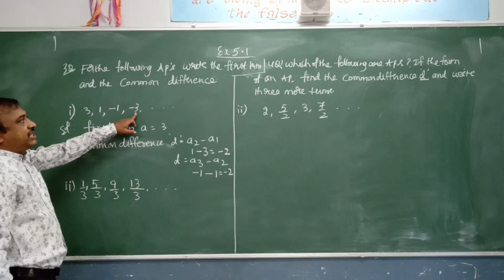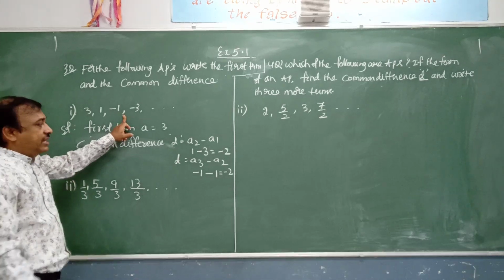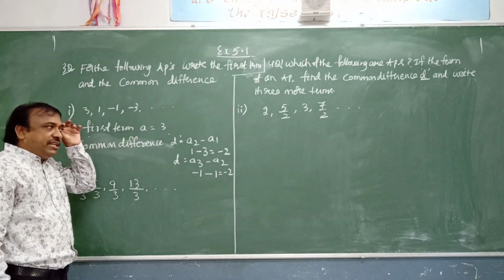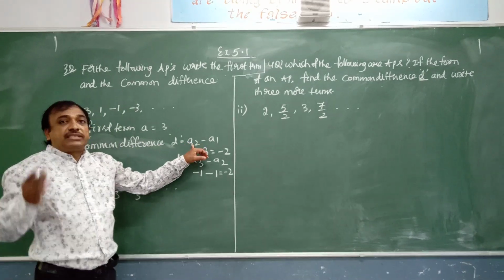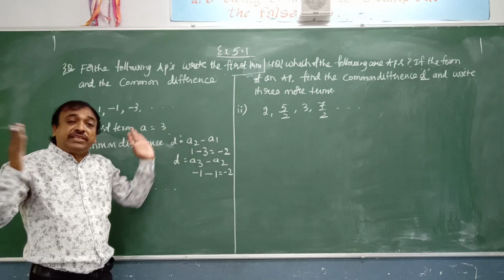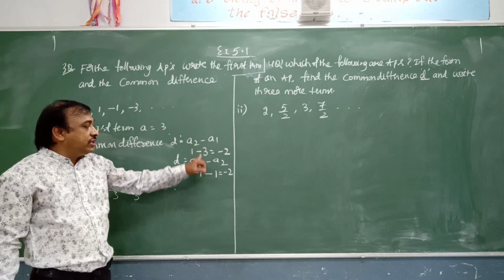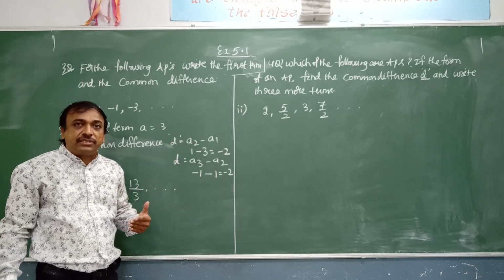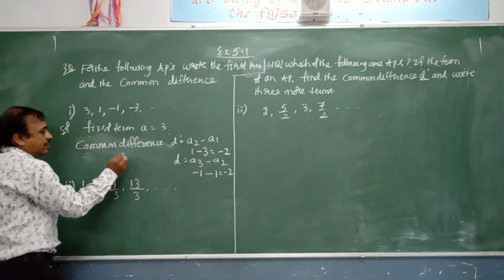Next, common difference. You see, the terms are already there, already the series is in AP. Why am I checking? Sometimes you will forget. If we ask the question to check whether the terms are in AP or not, you will find out only 2 times. So you have to find the common difference for at least 3 or 4 terms. You see now you are getting the same common difference.